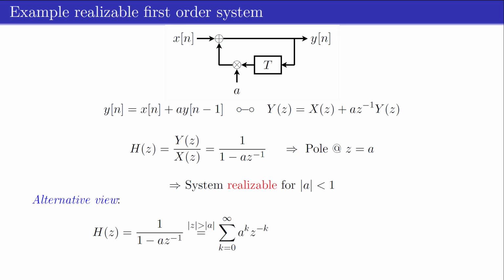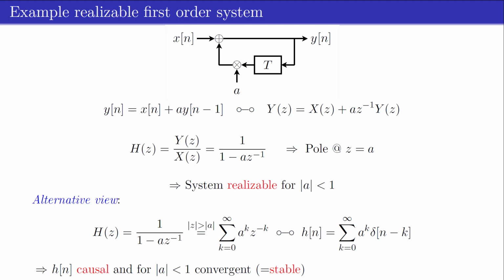When the absolute value of the complex variable z is larger than the absolute value of the feedback parameter A, the system function H(z) can be expanded as the given geometric expression. Via the inverse z transform, this results in the given exponential expression for the impulse response h[n].